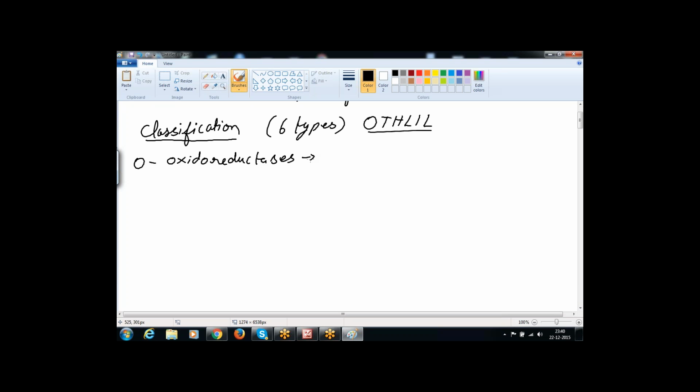As the name itself describes, these take part in oxidation and reduction reactions. Remember all the reactions involving NAD, NADP, FADH2. I told you that the enzyme name will be dehydrogenase, right?